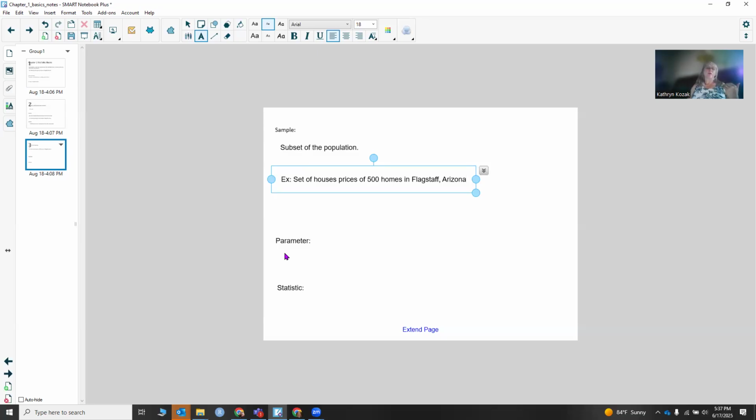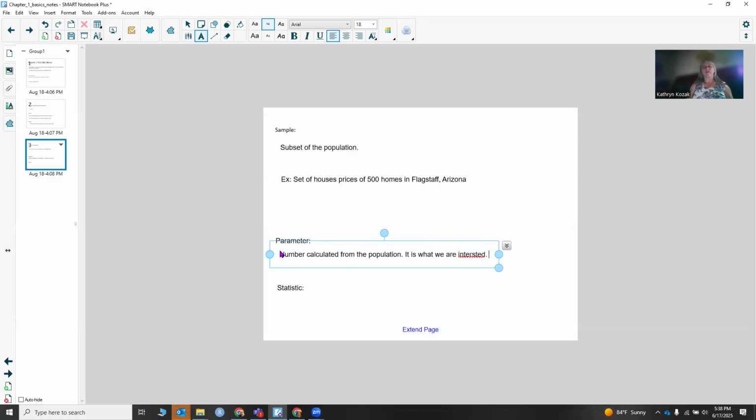So what we want to do is we want to come up with what we call a parameter. And a parameter is just a number calculated from the population. And it's what we're interested in. So in this case, it would be the average house price of all houses.